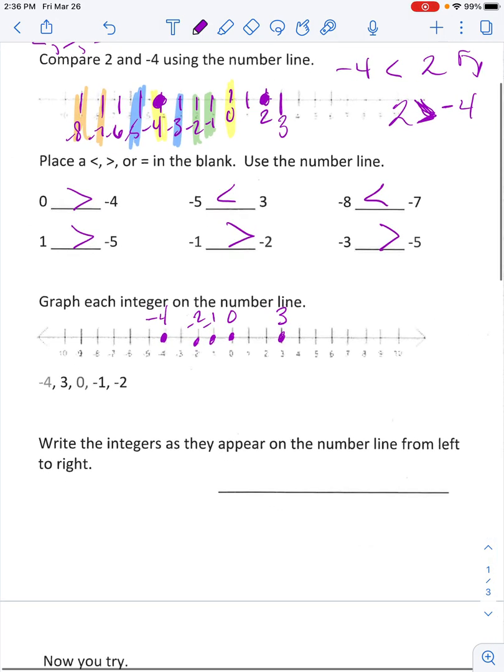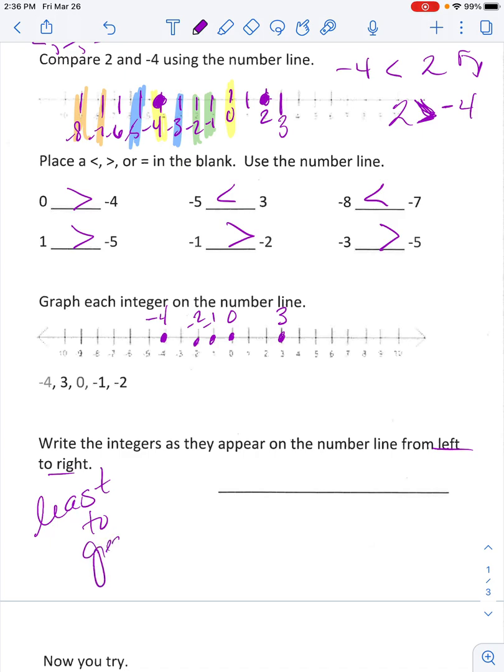Write the integers as they appear on the number line from left to right, which means we're ordering them from least to greatest. So from least to greatest, -4 is furthest to the left, and then -2, and then -1. Now we're getting closer to those whole positive numbers, 0 and then 3.